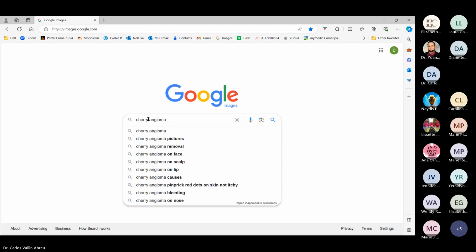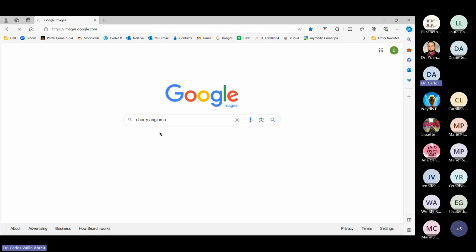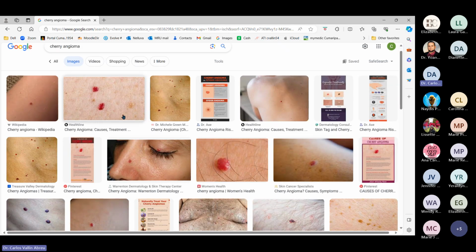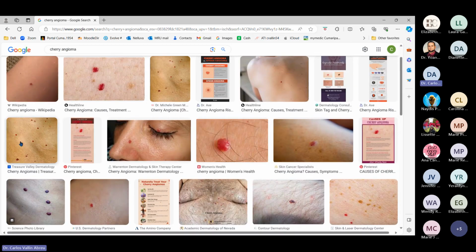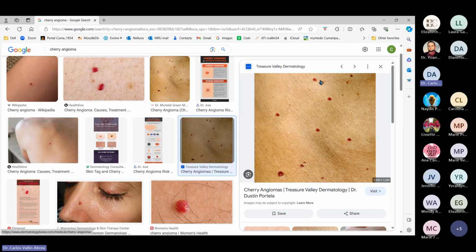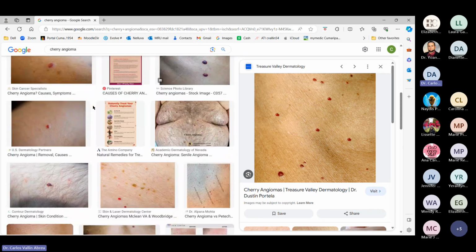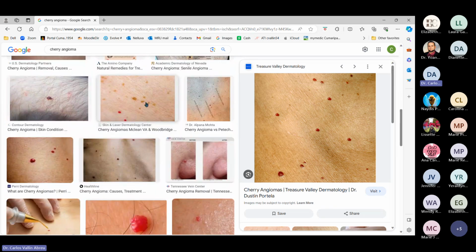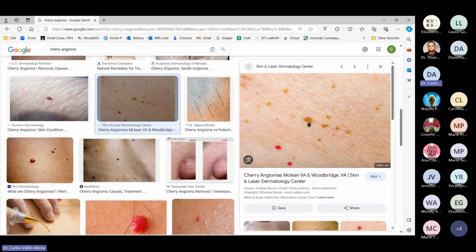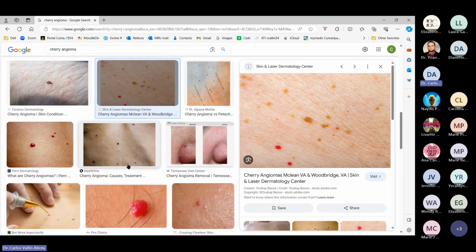And these people develop multiple ones as they age, on the trunk, in areas that are covered. Those are the brown spots, the lentigo senile, and the cherry angioma.